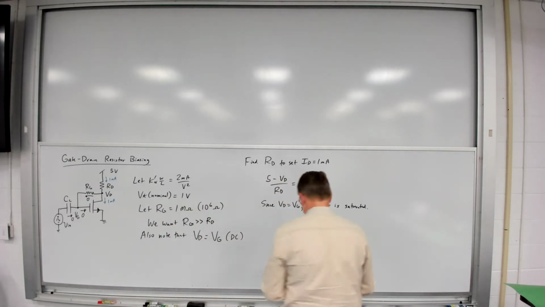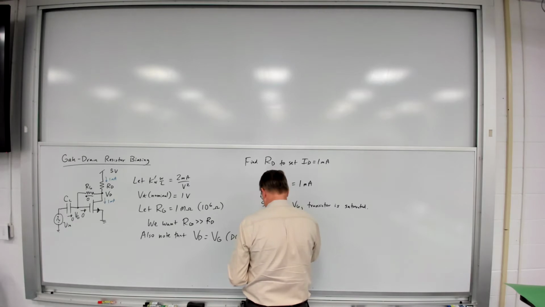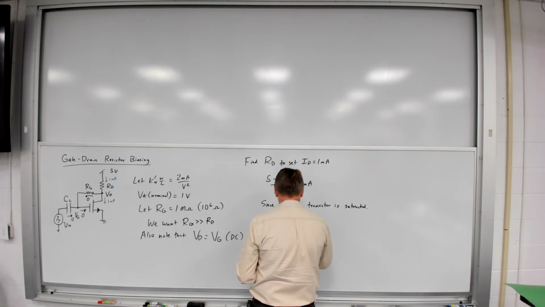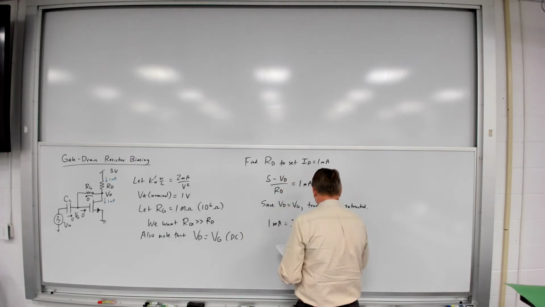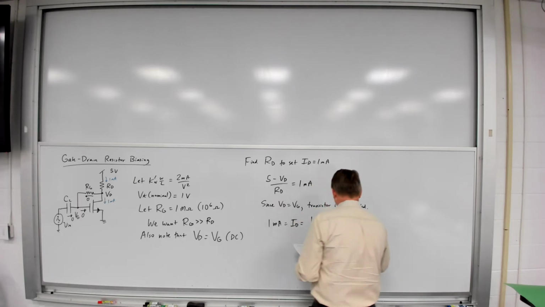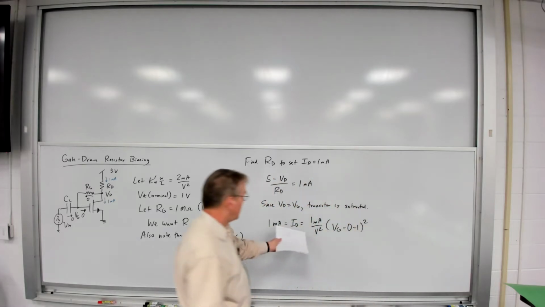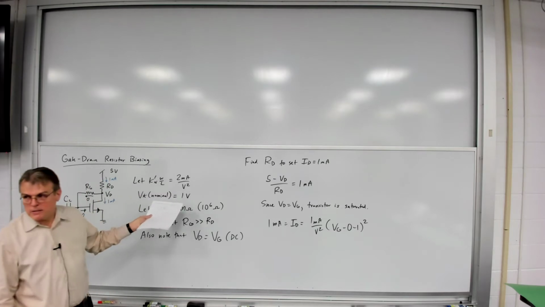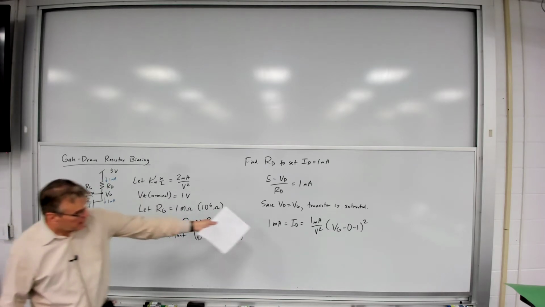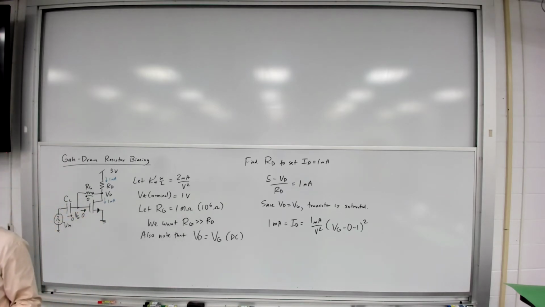All right, so therefore ID must be equal to my transconductance parameter, 2 milliamps per volt squared, divided by 2, times VGS, which is just VG minus 0, minus 1.